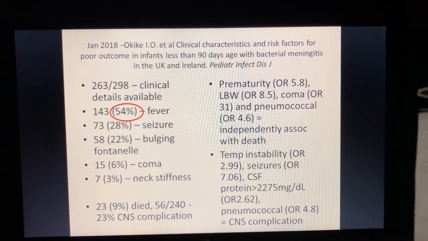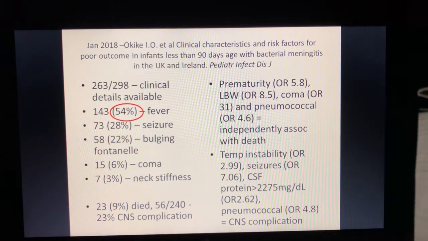And if we look at complications, then temperature instability, particularly seizures, and a very high protein count, and also pneumococcal disease, were each independently associated with getting CNS complications.